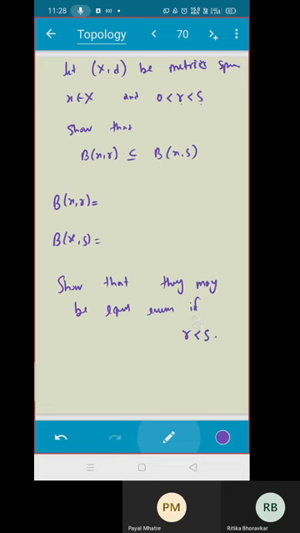Can you give some example of open balls where r is strictly less than s, but still they are equal? If you are smart enough, then you should quickly see this. Yes, sir. For discrete metric.